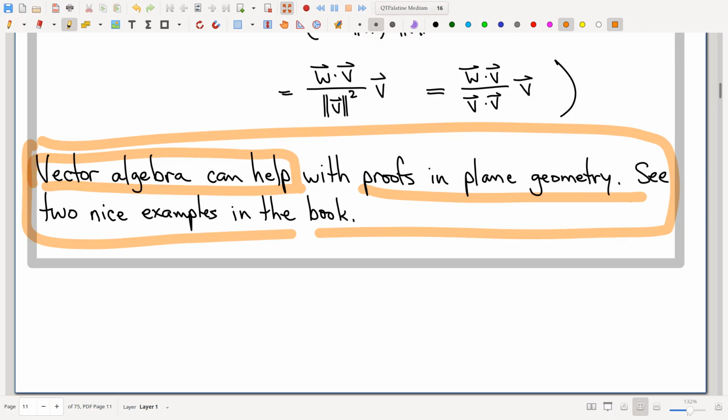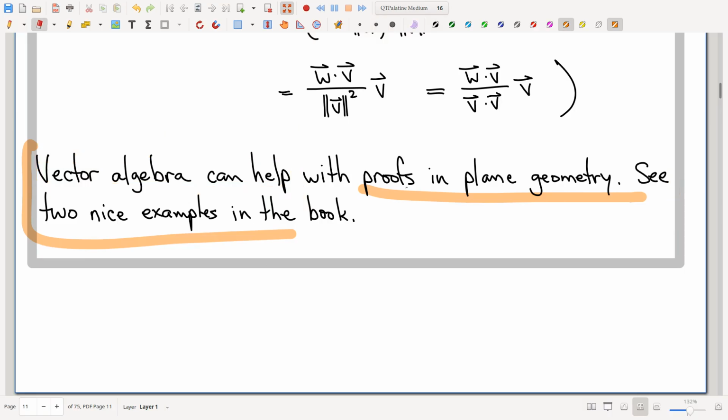Tough choices, I wish I could spend time on everything, and this doesn't quite make the mark. So take a look at those examples in the book of how they use vector addition and vector subtraction to prove some cool old facts from plane geometry. Then there are a couple of homework exercises where you'll do something similar.